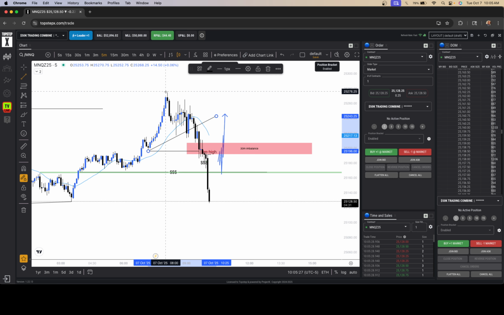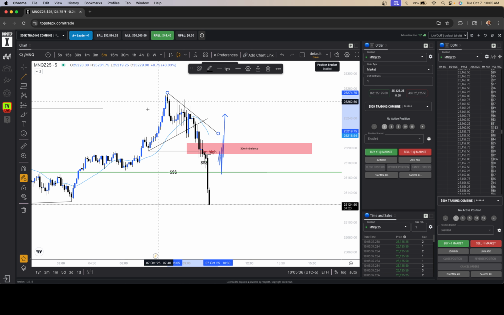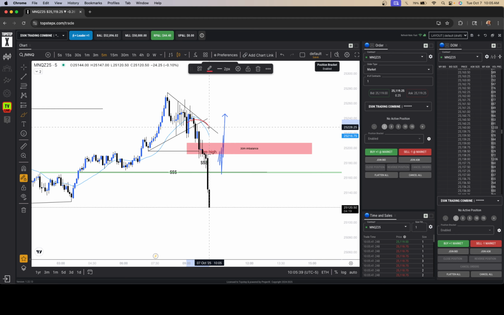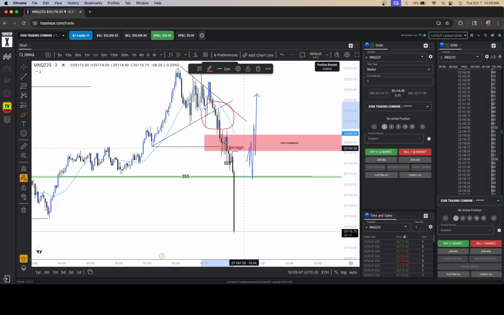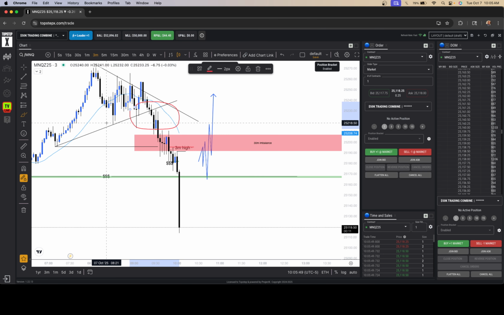I mean, we were on the correct side of the market today, which is what you always want before anything. So this is kind of like the setup that we had. And this was we got in at the right spot. Just following structure now really would have been key.